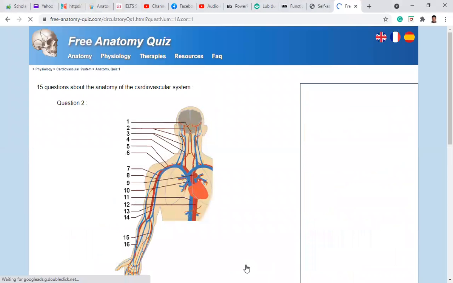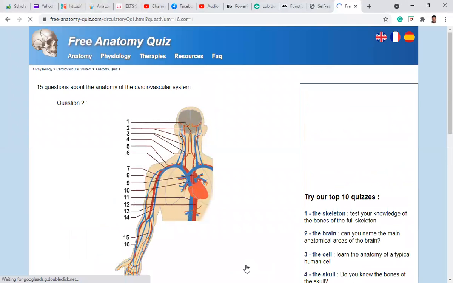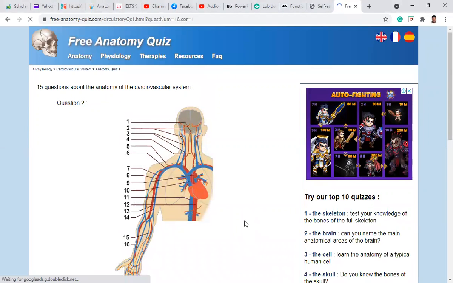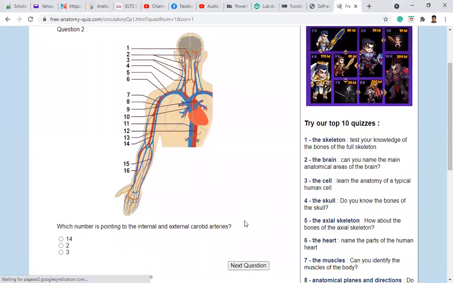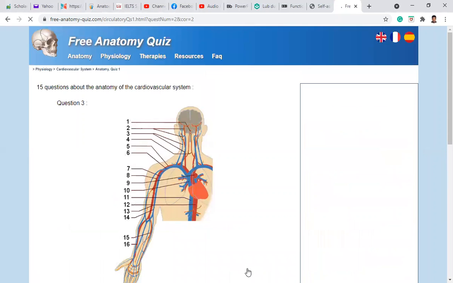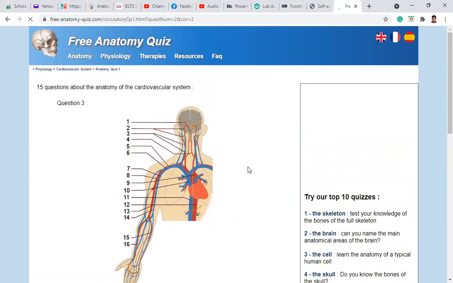Next question. Question 2 says which number is pointing to the internal and external carotid arteries? Internal carotid. I think number 2. Number 2, okay. Check. Question 3.